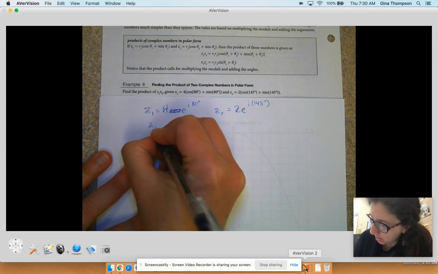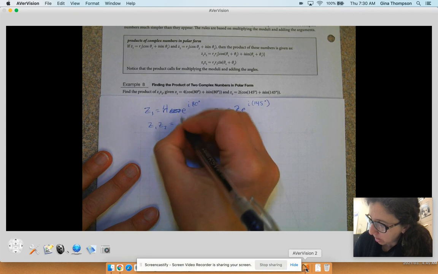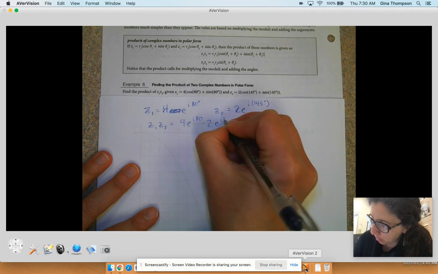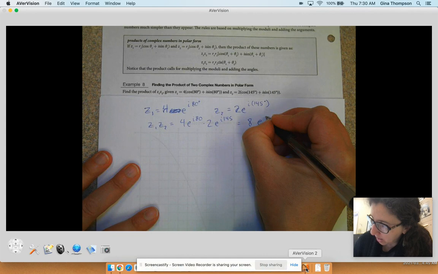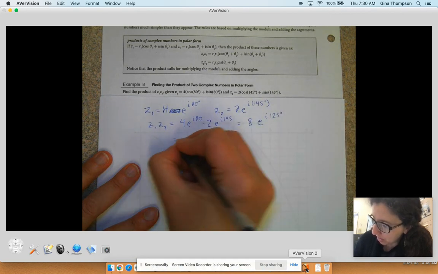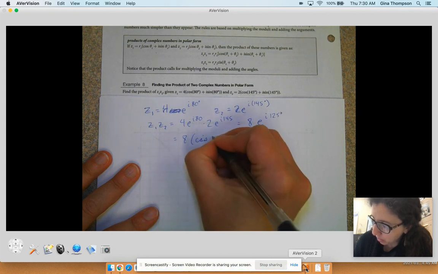So z1 times z2 is just 4 e to the i 80 times 2 e to the i 145, which is 8 e to the i times, add these together, 225 degrees. So it's going to be 8, and we could just write cis 225.